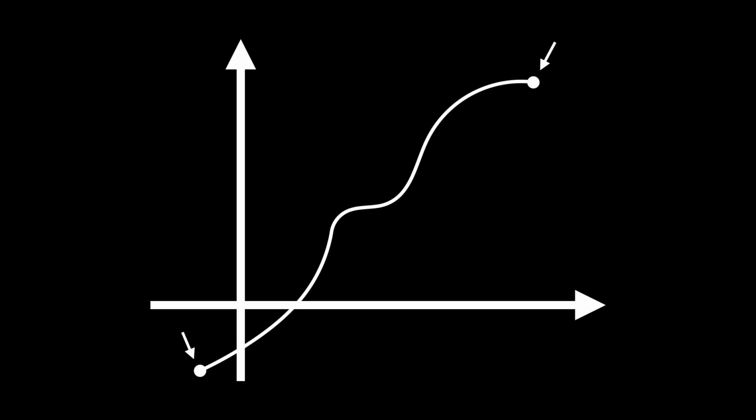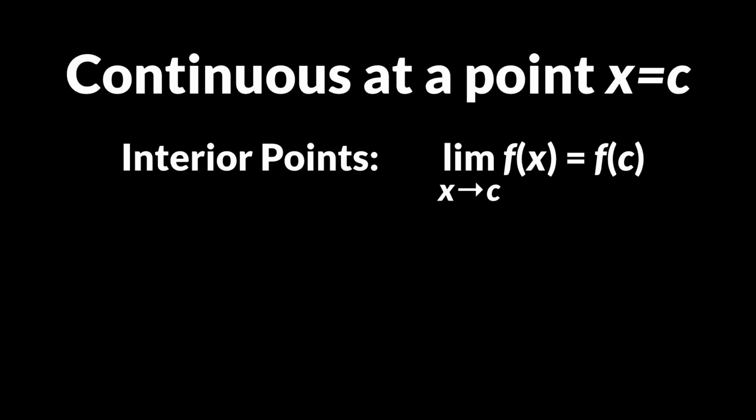Now, if you take a look at these endpoints here, the limit doesn't exist on both sides of the point, so only one side of the function exists. The one-sided limit can be taken from either the left or the right, depending on which endpoint it is, and as long as that limit is equal to the value of the function at that point, it is continuous.